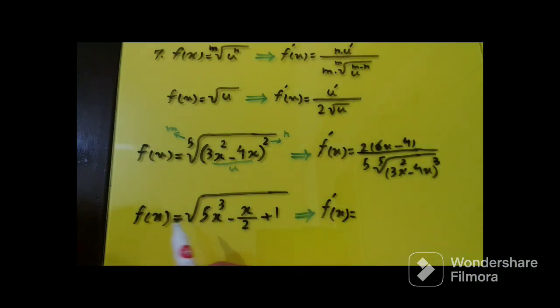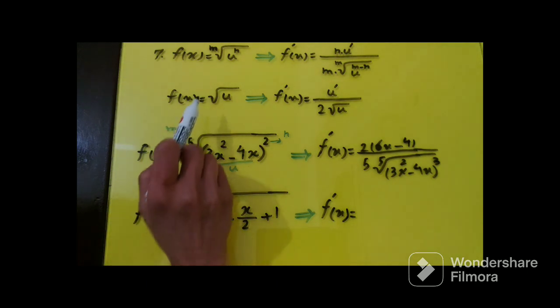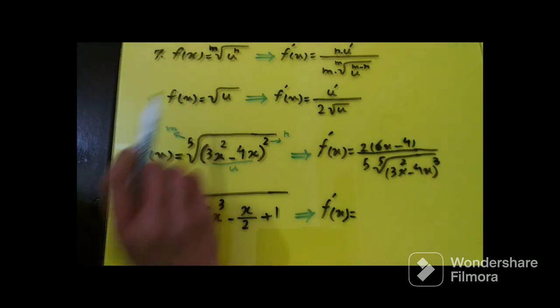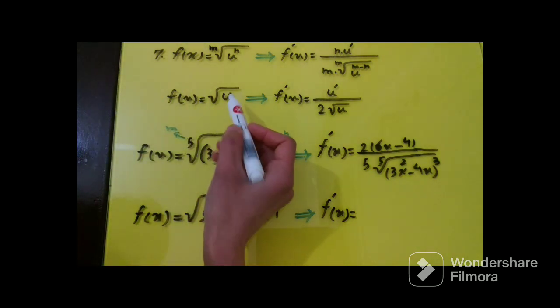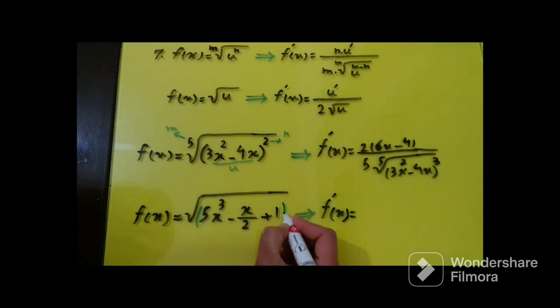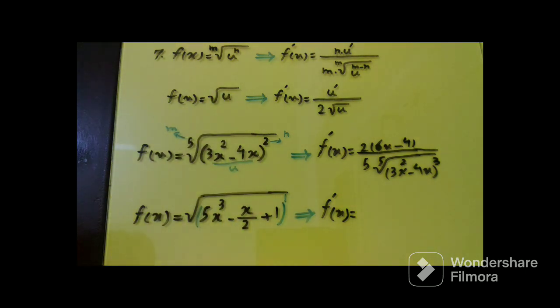For this term, m is 2 like this, and n is 1 like this. So this term is u.